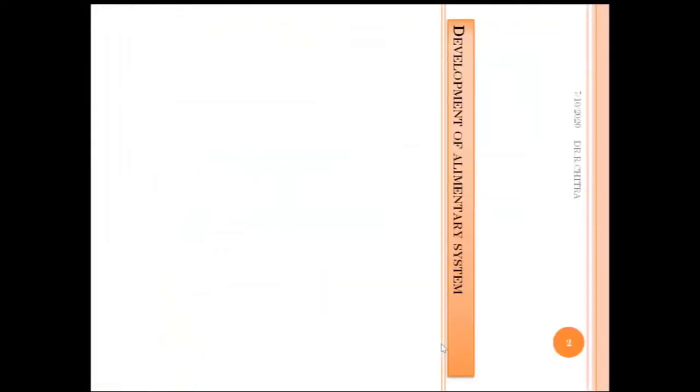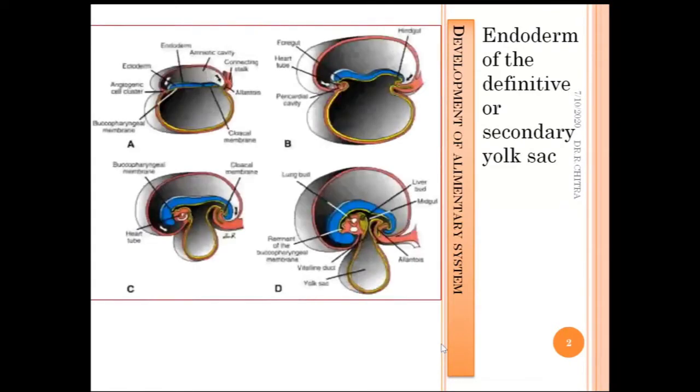So the development of the alimentary system is from the endoderm of the definitive or the secondary yolk sac. If you see this, these are the layers of the germ disc, and this is the amniotic cavity and the yolk sac before the foldings of the embryo.